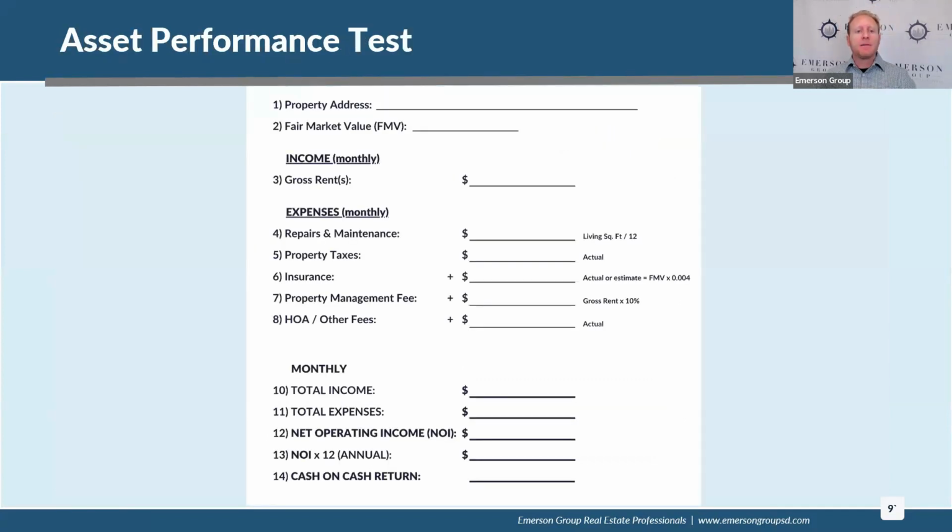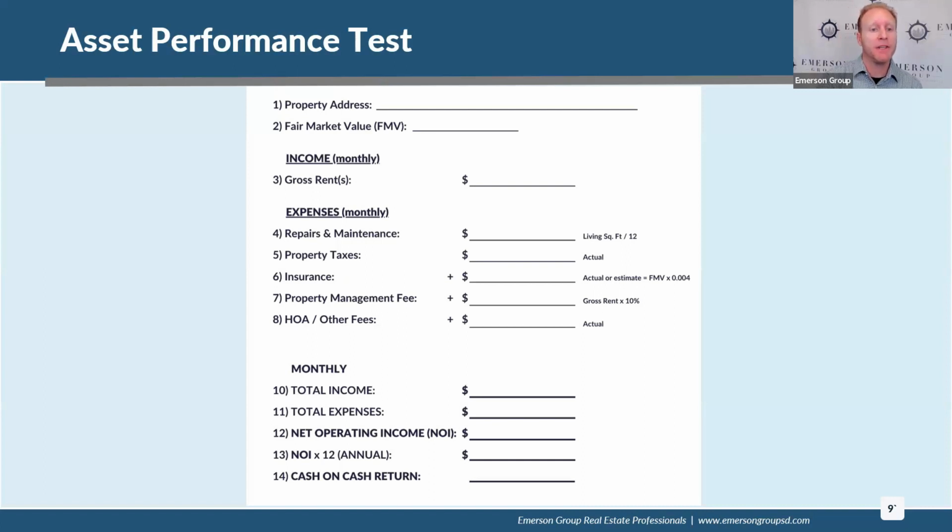Okay, we have the asset performance test, right, from top to bottom here. So really, this is a great example of how I'm able to help clients understand where they're at, what they have, and then from this information, really chunking it down and understanding what the metrics and the financial information is telling us, right?